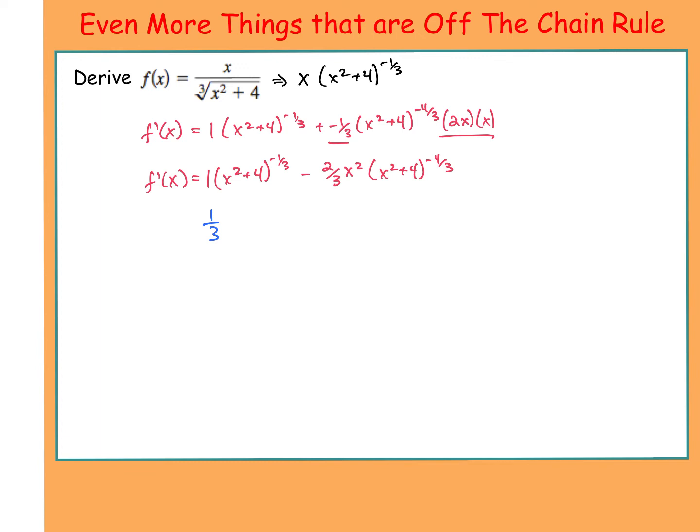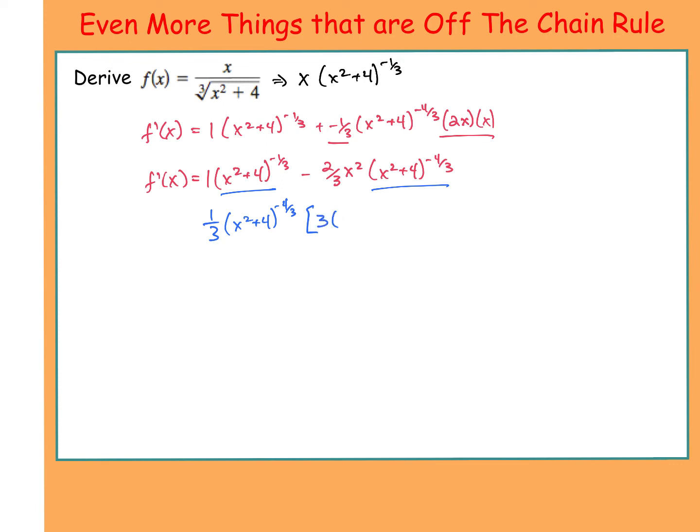And now if I'm left with my x squared plus 4 to the negative 1/3 and x squared plus 4 to the negative 4/3, what could I factor out? It's my least power. X squared plus 4 to the negative 4/3. Now, what am I left with? I factored out a 1/3 from a 1. So I am left with what? 3. All right? Because it's really 1 divided by 1/3, which is 3.